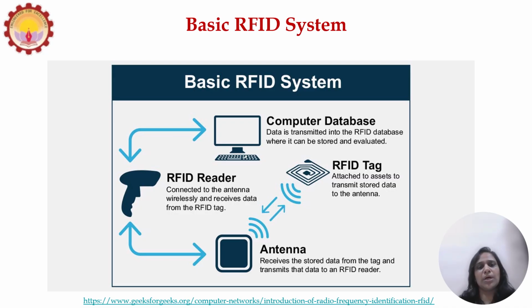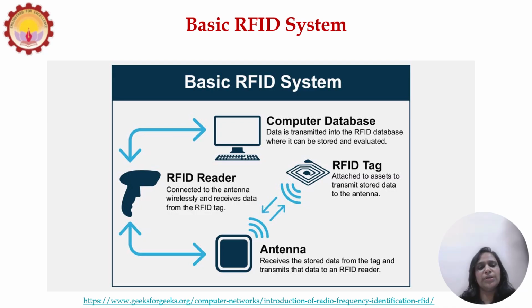So this is the basic RFID system structure, where the RFID tag and readers communicate through an antenna. The RFID tag is attached to your asset to transmit the stored data to the antenna. The antenna receives the stored data from the tag and transmits it to your reader.